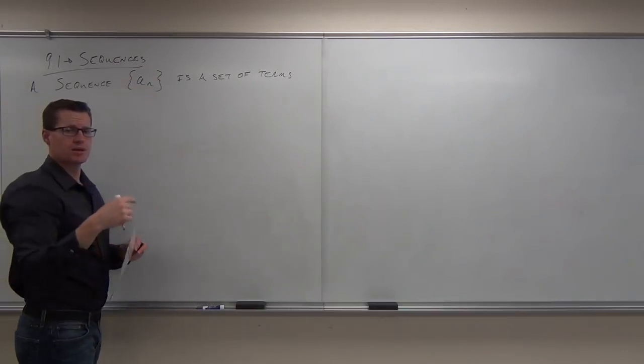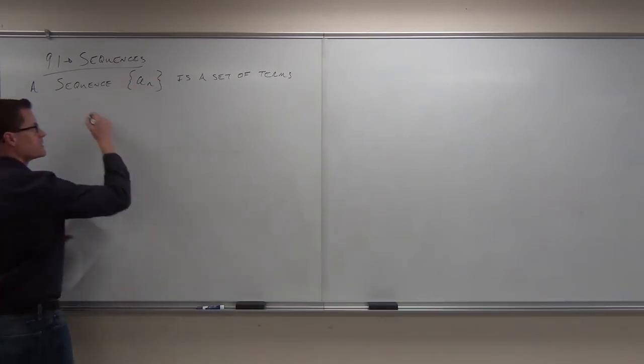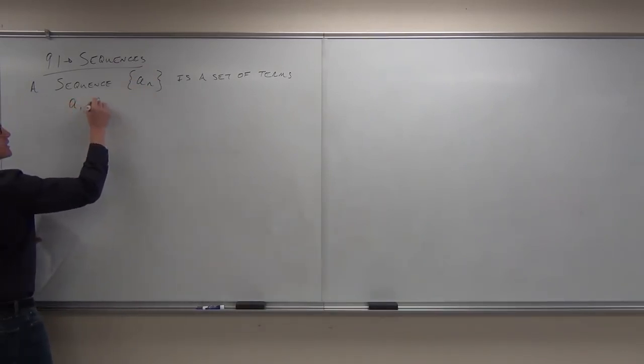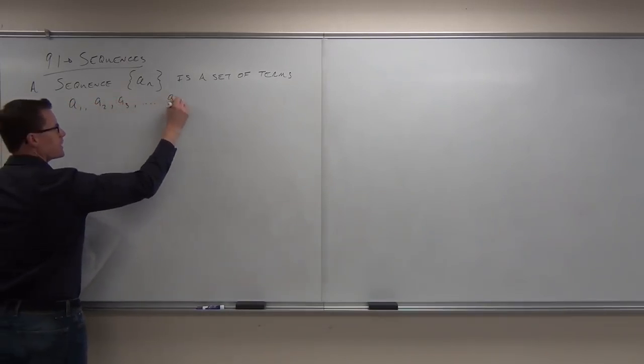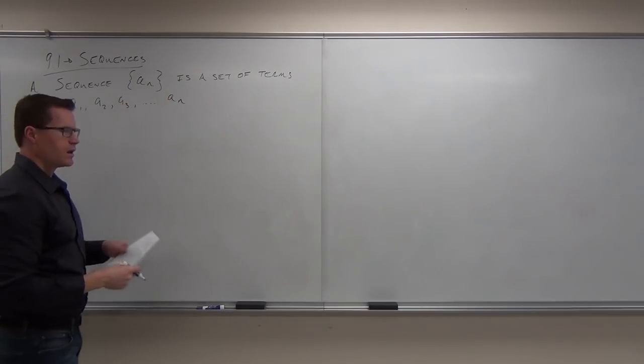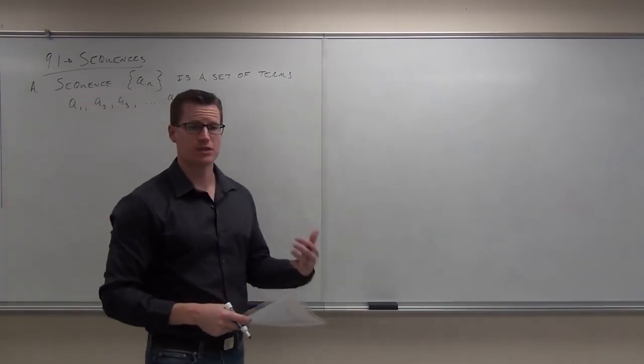It's typically going to be first term, second term, third term, and we denote those as A sub 1, A sub 2, A sub 3, all the way until we get A sub n, wherever we start. N is always going to be a positive integer for us.